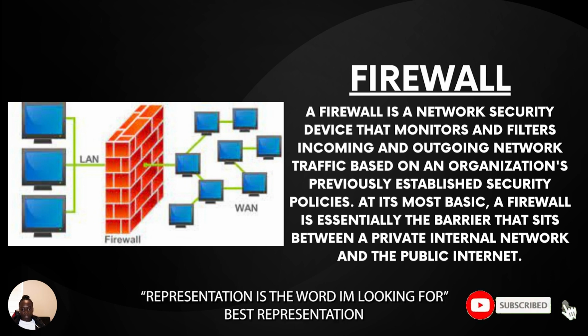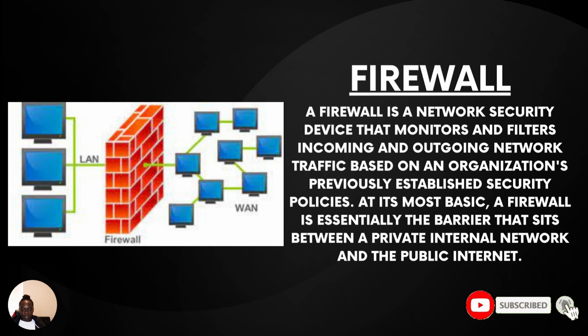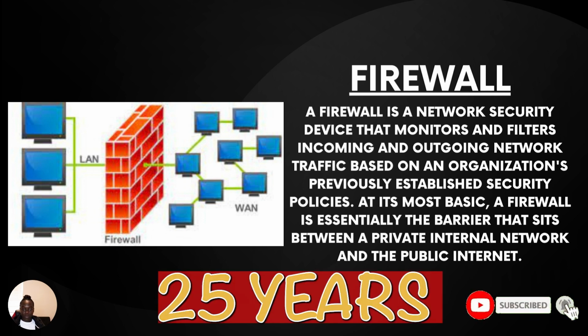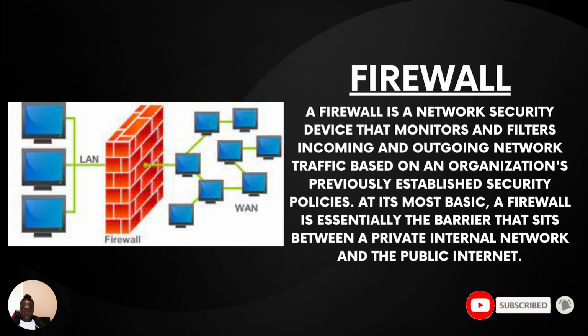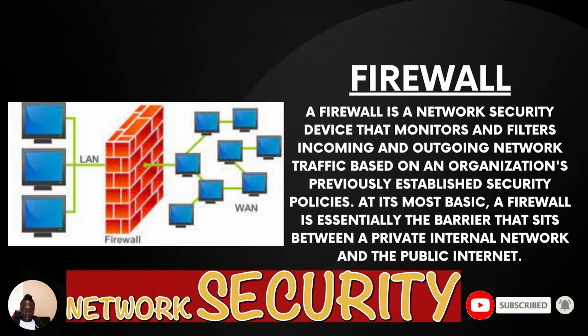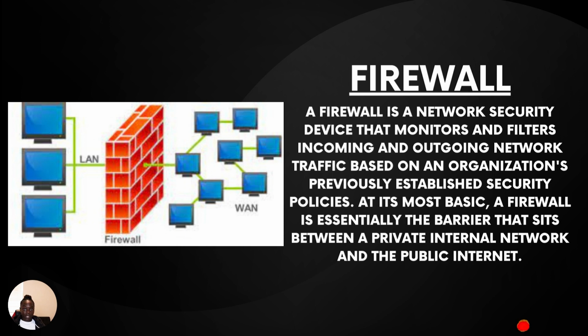A firewall is a network security device that monitors and filters incoming and outgoing network traffic based on an organization's previously established security policies. At its most basic, a firewall is essentially a barrier between the internal private network and the public internet. For the last 25 years, firewalls have been the first line of defense in network security, to protect against internal and external threats.